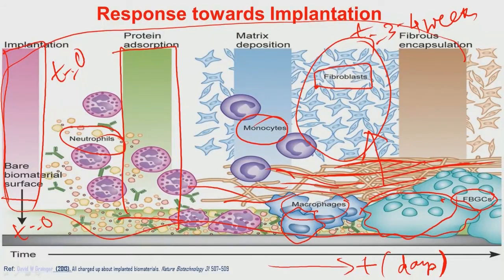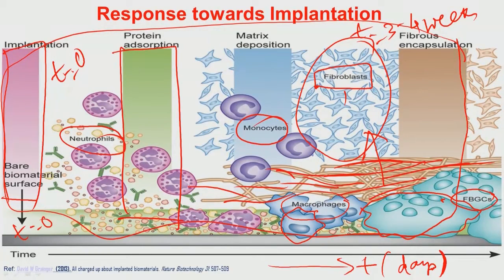And what is the net result? The net result is something called fibrous encapsulation. That means all these biological components, the fibroblasts, monocytes, extracellular matrix, neutrophils, make a kind of shielding around the biomaterial interface and at the biomaterial surface.